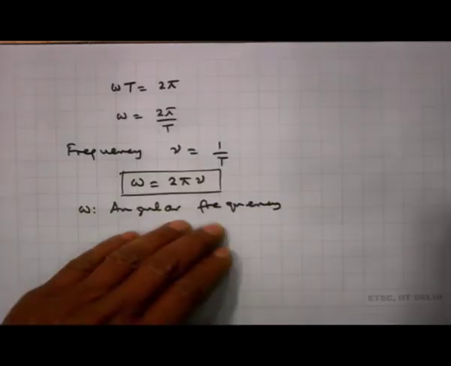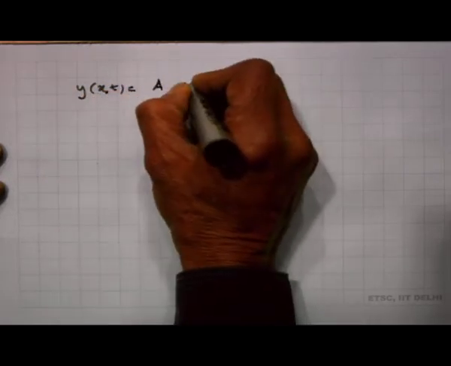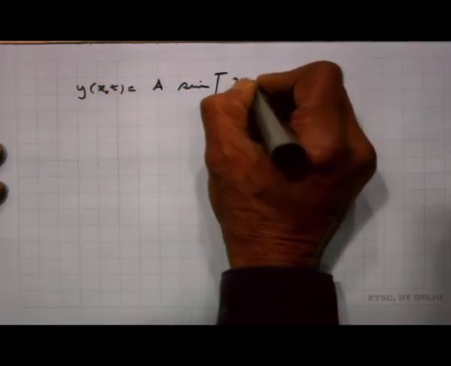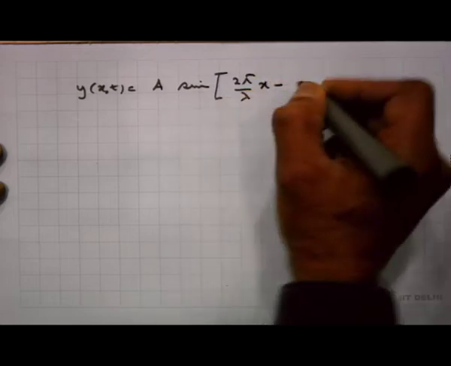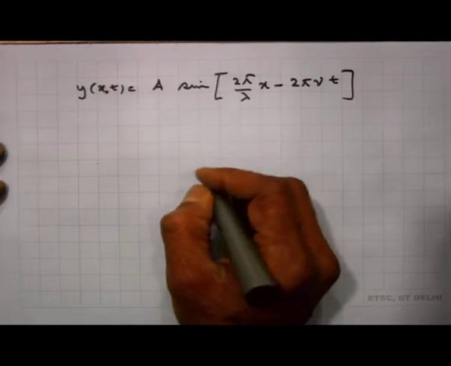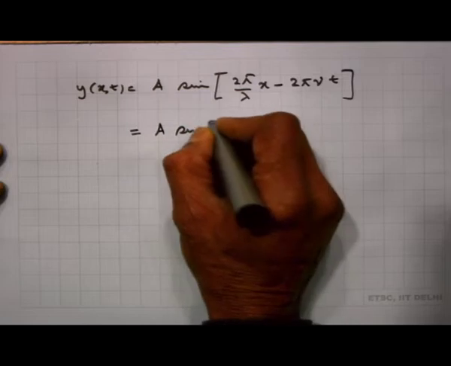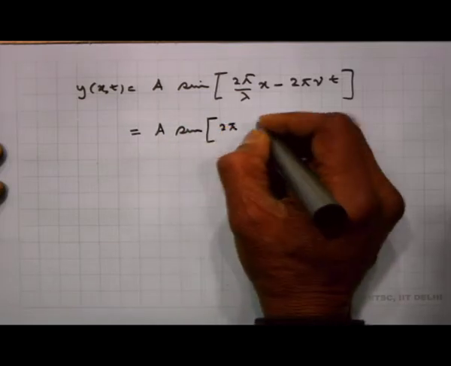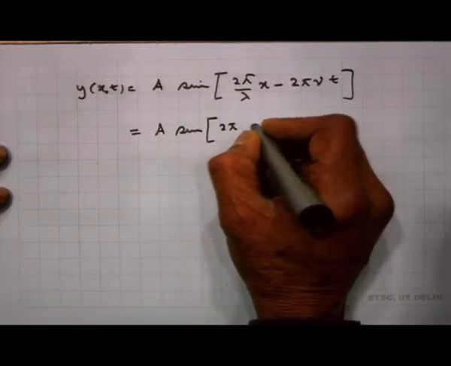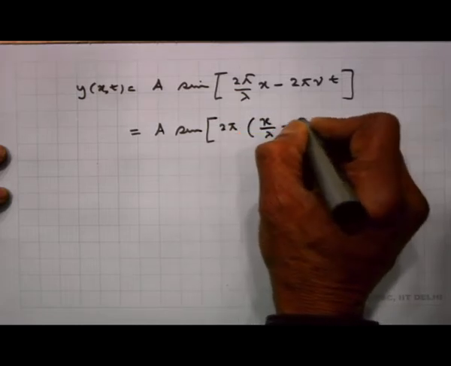So, I can write this equation containing wavelength and frequency. So, let me write y of x t is equal to a sin, now k x is 2 pi by lambda x minus 2 pi nu t, that is omega t. So, this I can write as a sin 2 pi into x by lambda minus nu t.